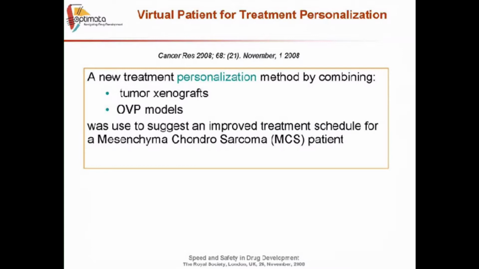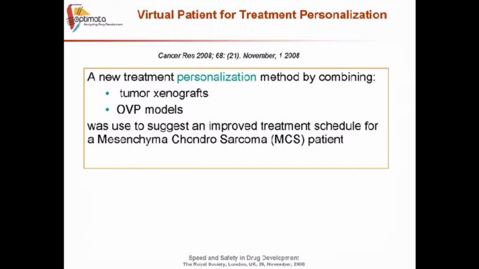The article has been published this month, 3 weeks ago, in Cancer Research, so anyone who is interested can read all the details. So we are talking about using the virtual patient for a treatment personalization method by combining it with tumor xenografts.